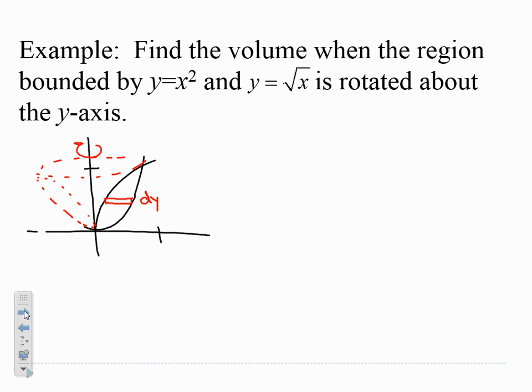Why is it dy? Because the thickness matches up with the y-axis. Okay, so we have pi times our integral from 0 to the intersection. And what is this intersection point? That's a very good question. Where does the square root of y equal x squared? 1.